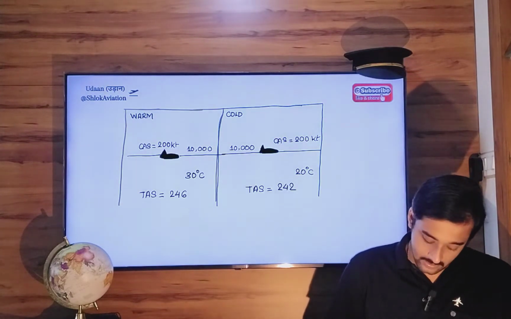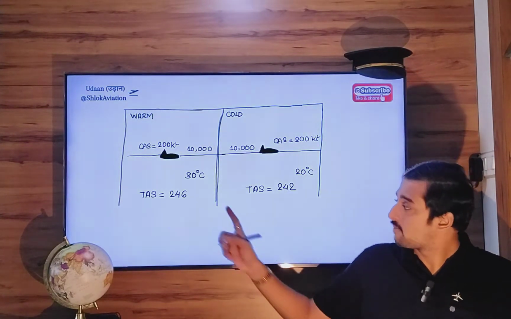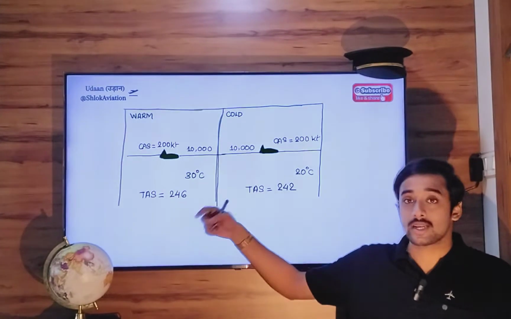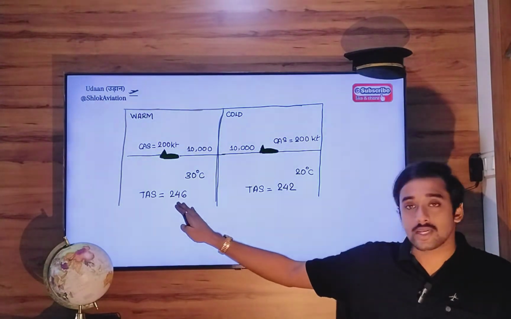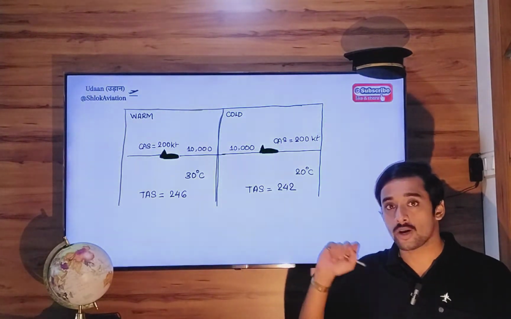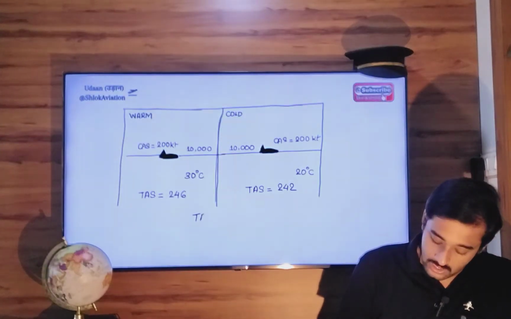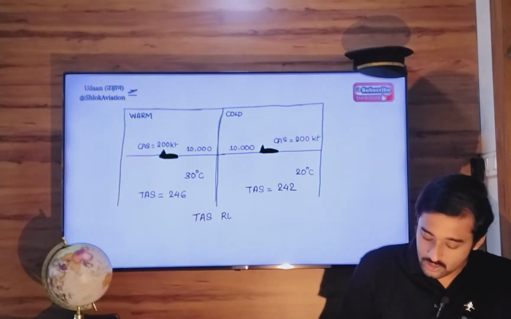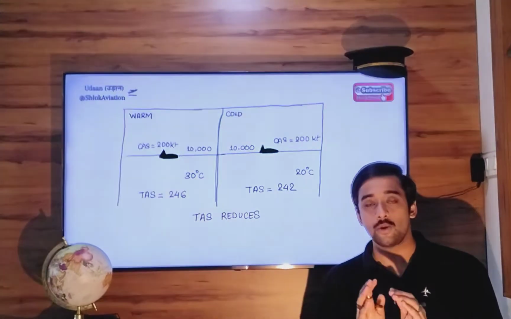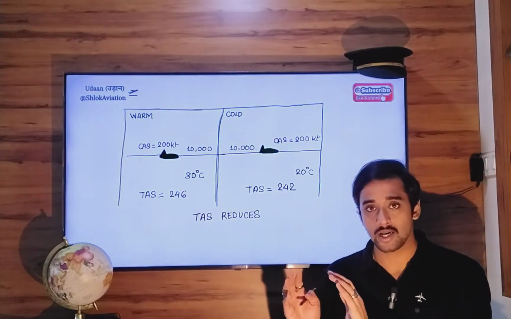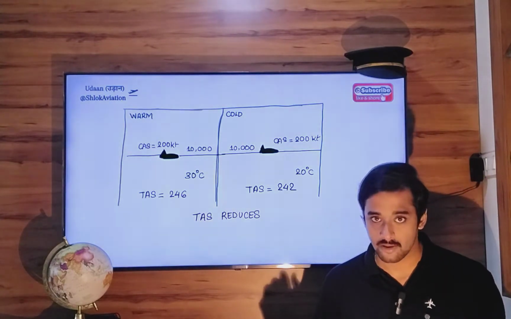So what has happened? The TAS has changed from a value of 246 to a new value of 242. That means, conclusion, TAS reduces. TAS decreases when you enter from a warm temperature air mass to a cold temperature air mass.